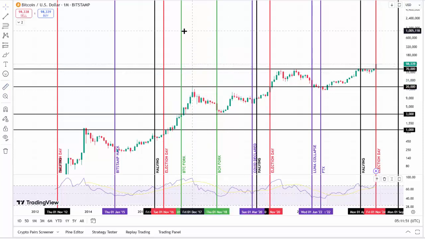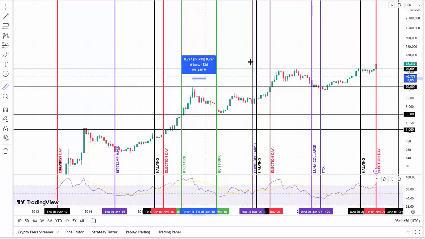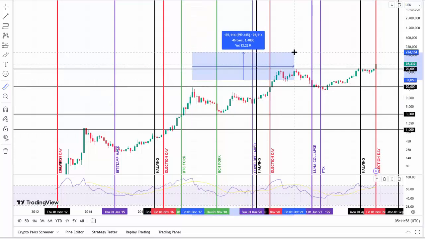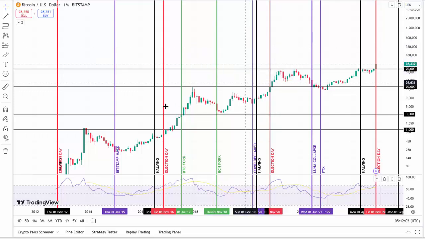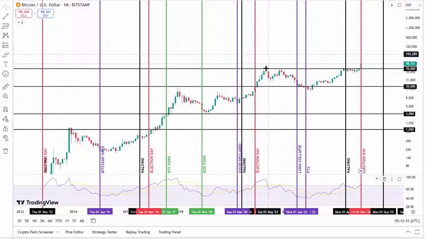Now from top to top, 46 bars is usually pretty exact. Don't just take my word for it, you can do the same chart that I have here. You can copy the lines, and from top to top it's never exactly 46, but the average is 46 bars, which is 46 months, because these are the monthly bars.